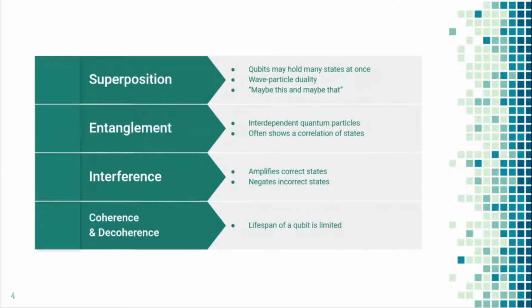And in coherence and its opposite, decoherence, quantum systems are extremely sensitive to error, which is also referred to as noise, as well as environmental factors. For example, quantum computers have to be kept at sub-zero temperatures, quite literally colder than outer space. So these qubits are essentially limited in their lifespan.